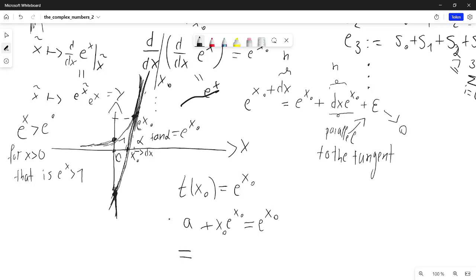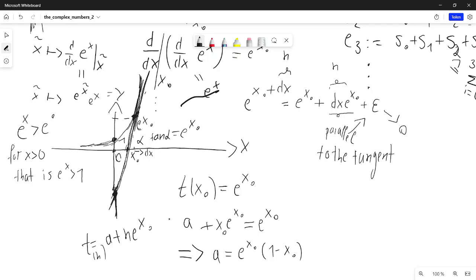But now we know it because this is the tangent g of h is equal to a plus h e^x0, because we simply have the slope, right? And that means that a is equal to 1 minus x0 times e^x0.